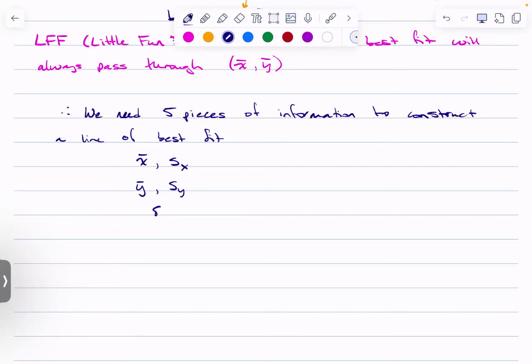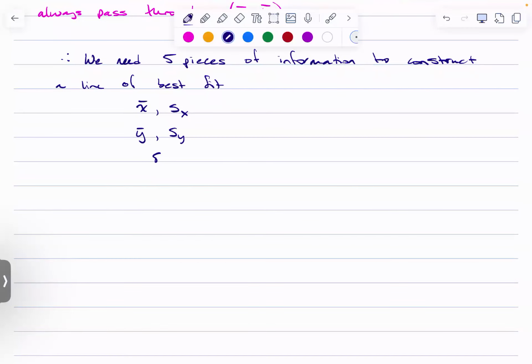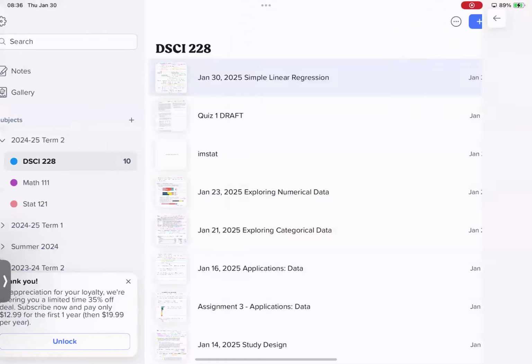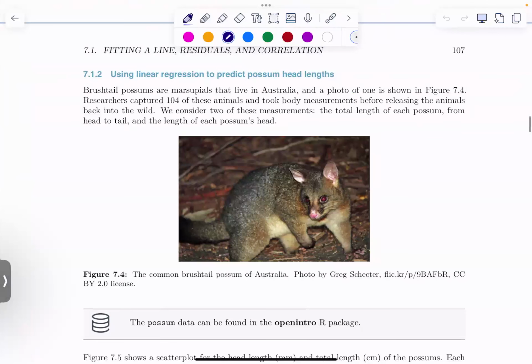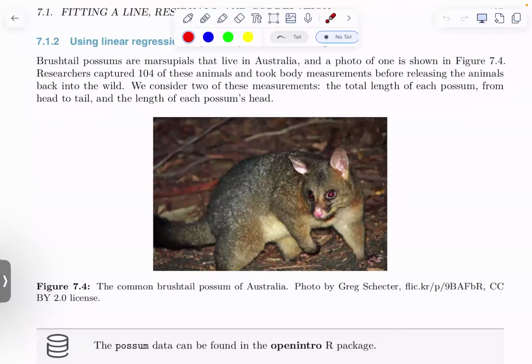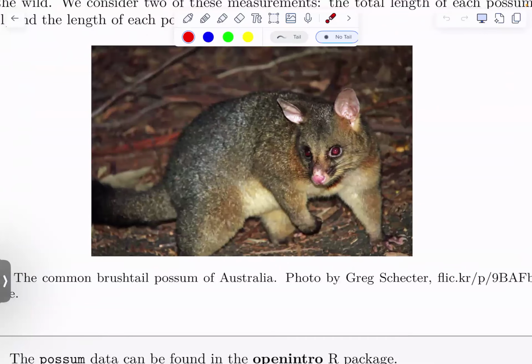So the line of best fit, let's think about this. Can I grab a pre-made scatter plot? This is a brush-tailed possum, from Australia, of course.